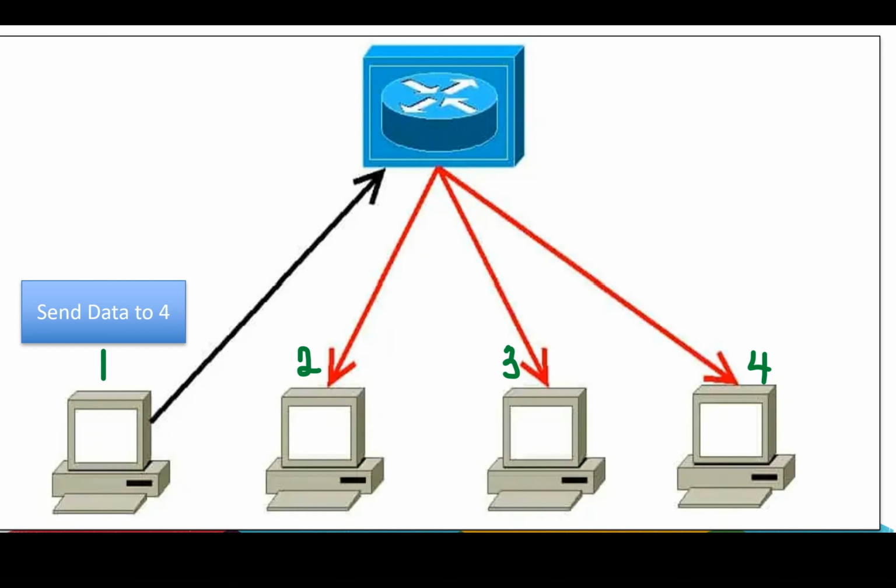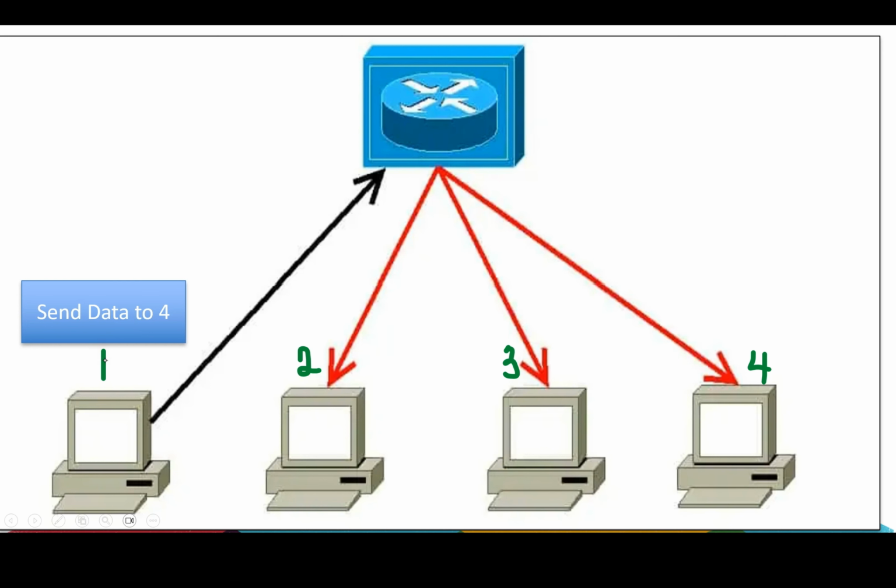So imagine this computer one is, let's say, the MD, the managing director, sending financial data to four, and here four is the finance team. Of course, in your company, you will have the secretary and the executive assistant, right? You also have some interns. That's number three. So imagine you having a hub in your network environment.